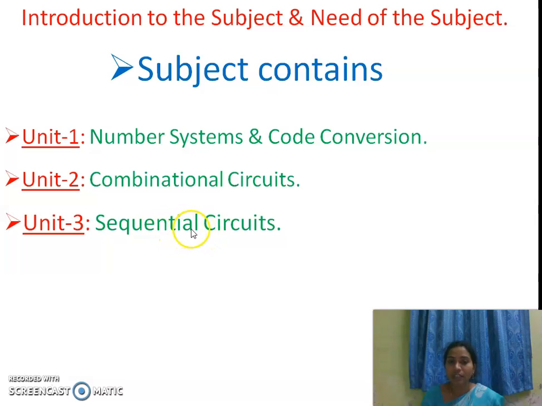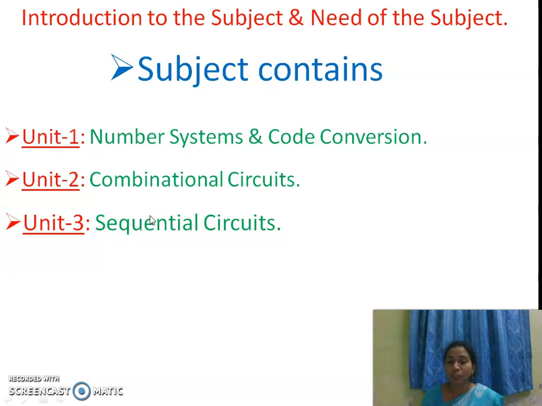We will also learn registers, counters, up and down counters, and shift registers. All of these come under the third unit, sequential circuits. If you know the basics very well, then we can easily understand the first, second and third units. These 3 units belong to one subject, which is digital electronics.